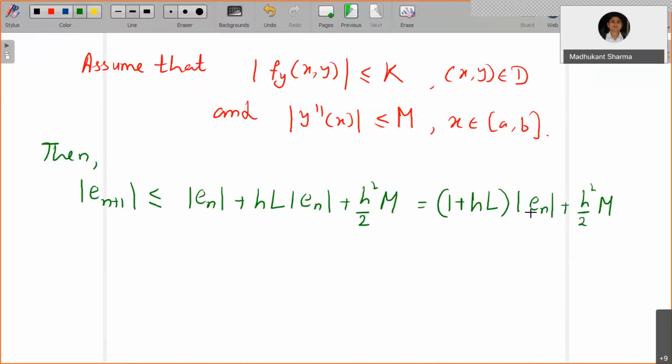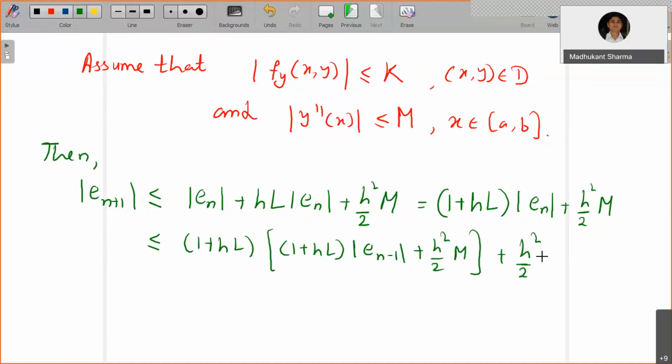So mod E_n is less than or equal to (1 plus hL) times mod of E_{n-1} plus h square by 2 M. If you simplify this expression, that is going to be (1 plus hL) whole square times mod of E_{n-1} plus, now h square by 2 M remains common, so h square M by 2 times (1 plus hL).